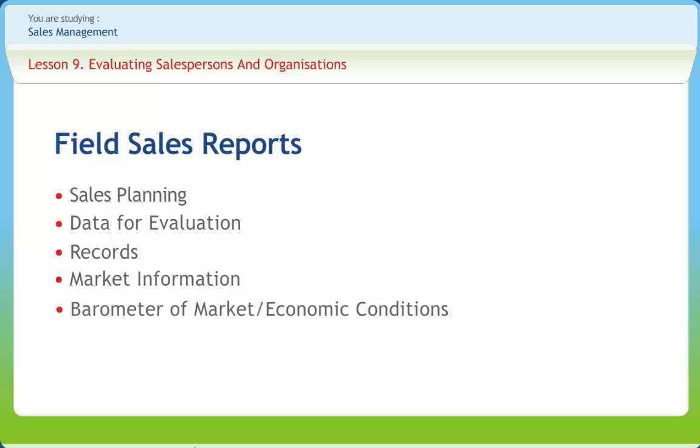Barometer of market or economic conditions, since it provides information regarding essential parameters necessary to understand the pulse of the marketplace and the economy and help organize logistics. Since these reports help in planning and stocking stores and making appropriate plans with regard to complete logistics solutions so as to perform with minimum possible working capital.